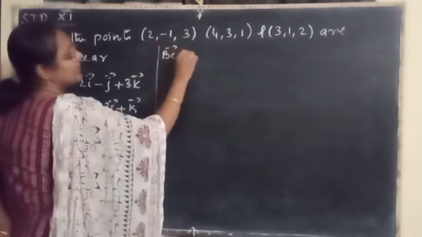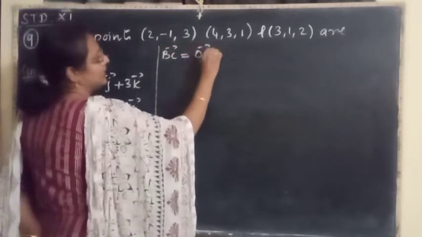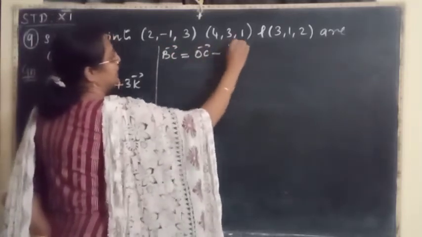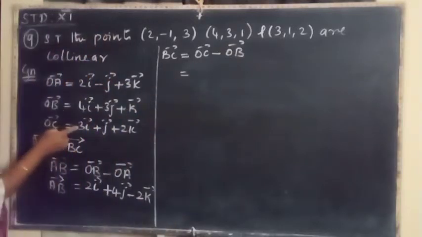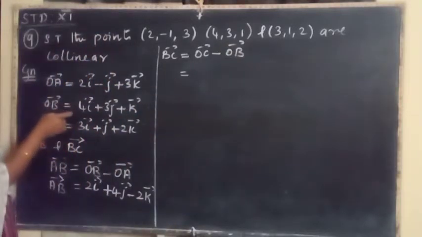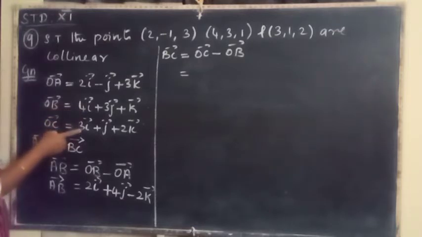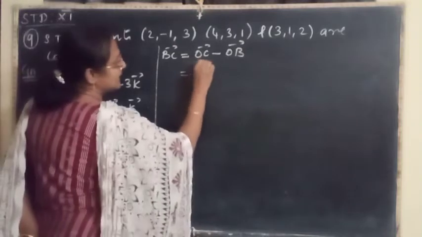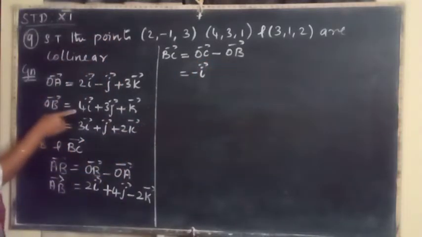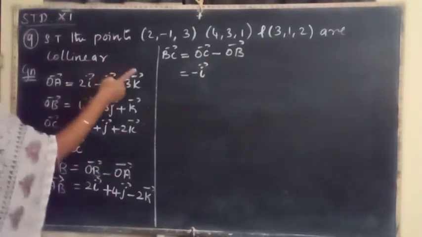Next one, BC. What will be the BC vector? OC vector minus OB vector. So I subtract OB vector from OC vector. 3i minus 4i gives minus i.